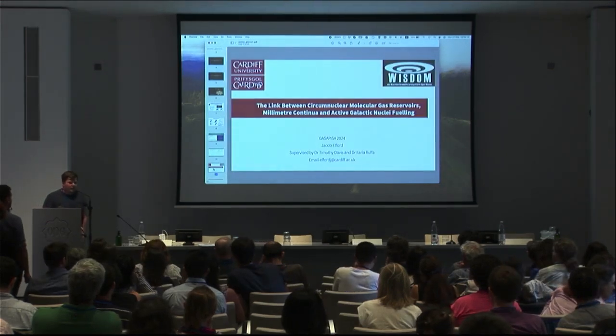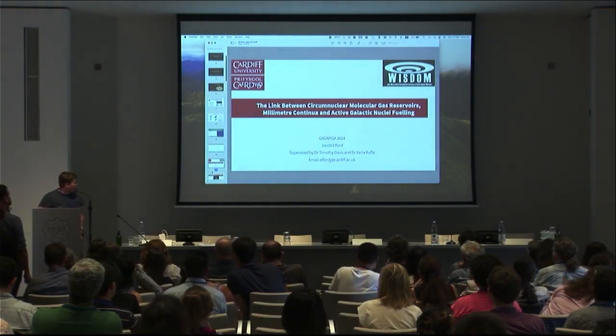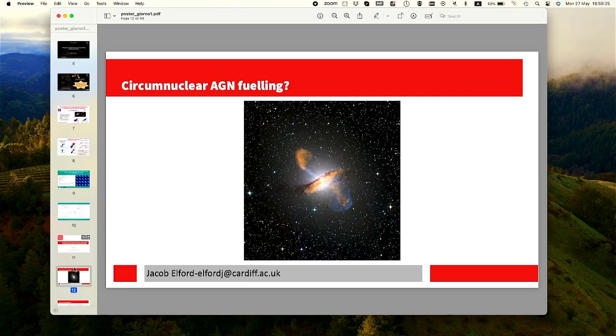I'm a final year PhD student at Cardiff University. So I've been studying the circumnuclear regions of the WISDOM sample of nearby galaxies to try and understand the connection between this circumnuclear region and the AGN activity.